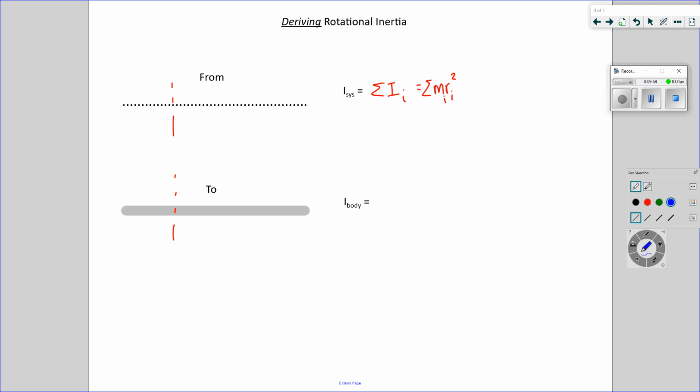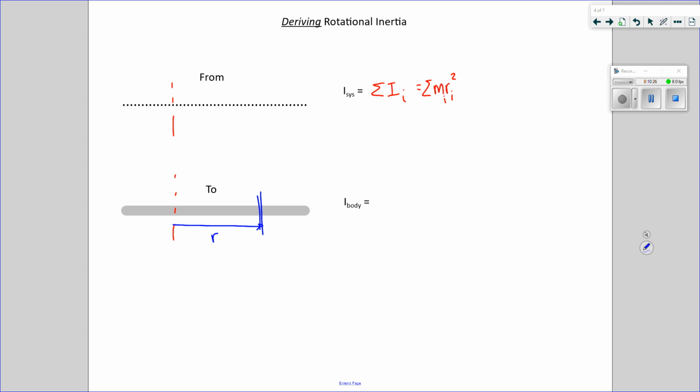When we move to an extended body, what we say is this thing is not made of discrete objects, but of an infinite number of little tiny objects. There's a slice of it that I've made here, and there it is. This object is located at a distance r from our axis of rotation.